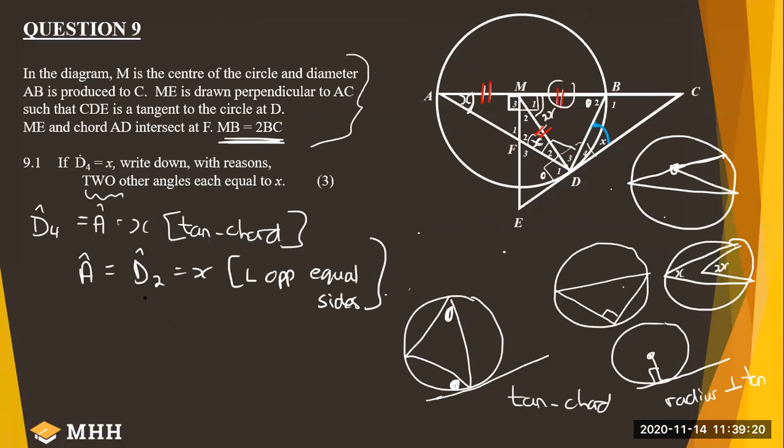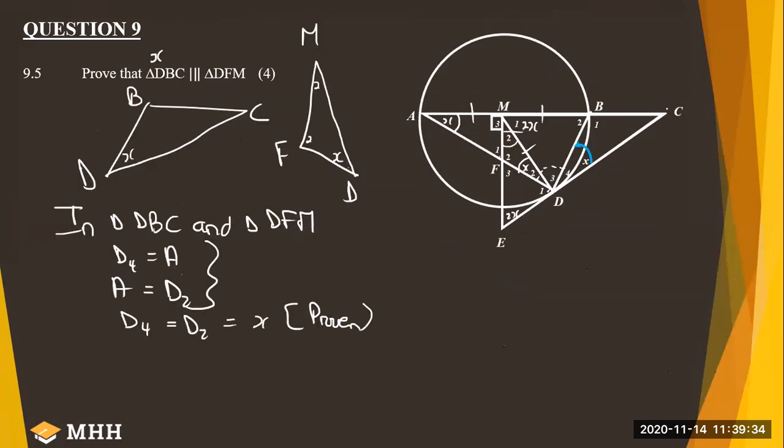Angle A is equal to angle D2. And we also said here that D4 is equal to D2. See, because they were both equal to X. So you can just say proven. Sharp. So we've got one angle. One is sorted. Okay, we need another one.